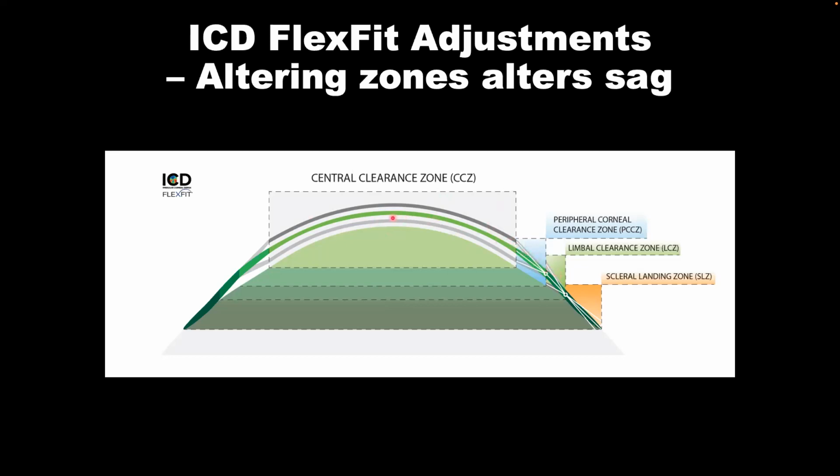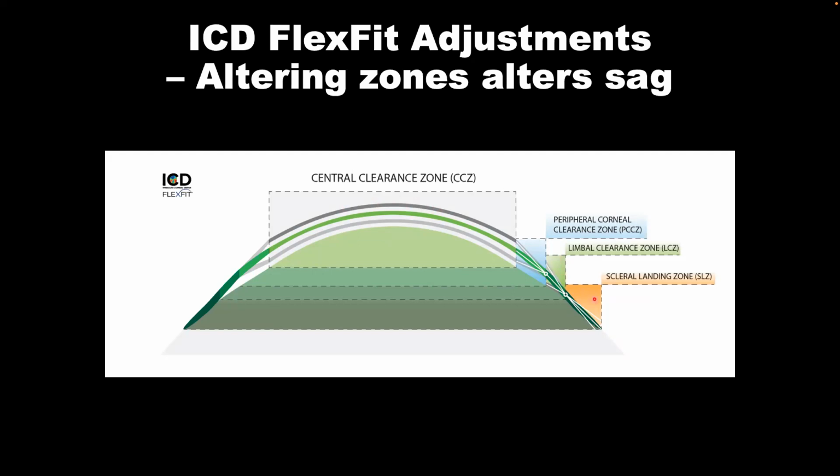by those changes. But if you change the peripheral corneal zone, then this will affect the central zone, but this won't affect the limbal zone, neither the scleral landing zone. If you change the limbal zone, it will change the peripheral, and as well, it will change the central.